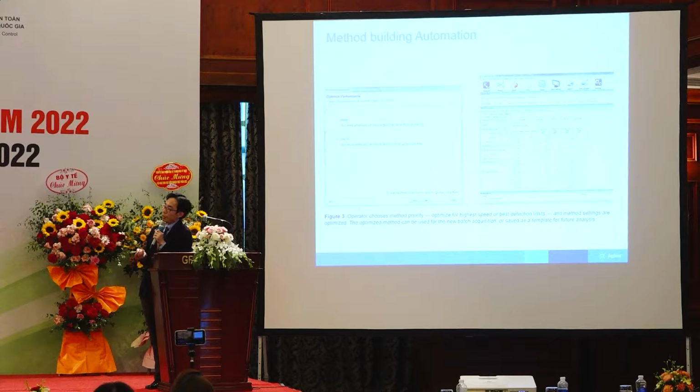Lastly, as I mentioned, the user can decide between a very high speed of analysis or a better detection limit, and automatically the method will be built in the software. Subsequently, if the user would like to run this method again, they can save the method and create another file from it.